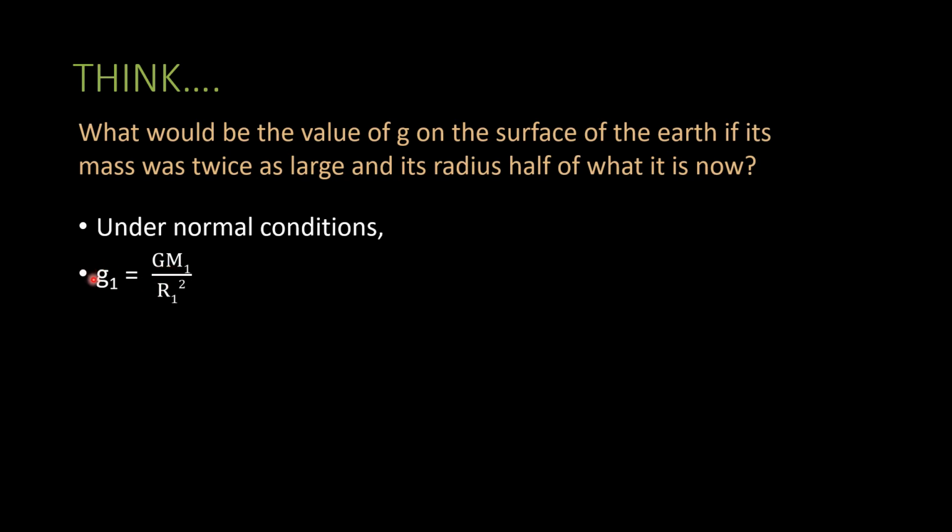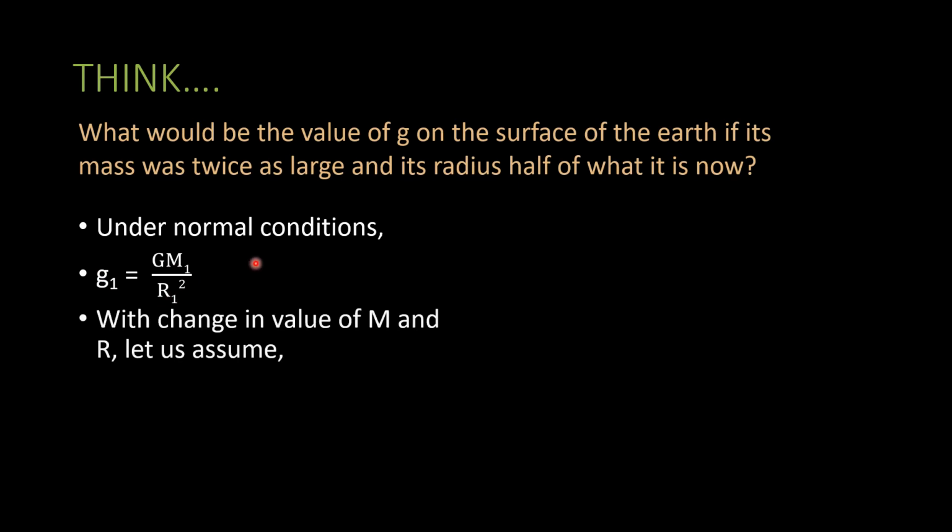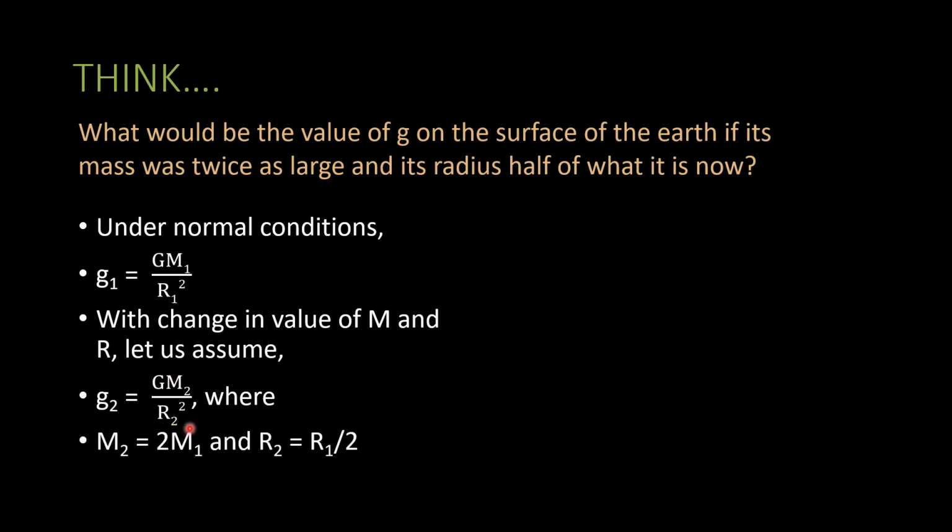I am taking it as g1, m1 and r1 under normal conditions. So with the change in value of m and r, let us assume it to be g2, m2 and r2, where m2 is twice m1, this is our condition, and r2 is r1 upon 2.